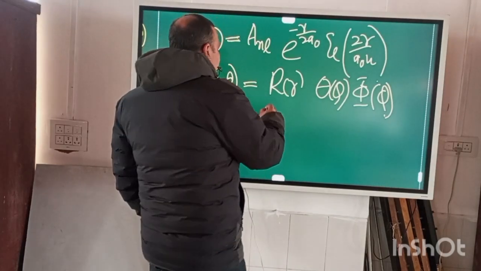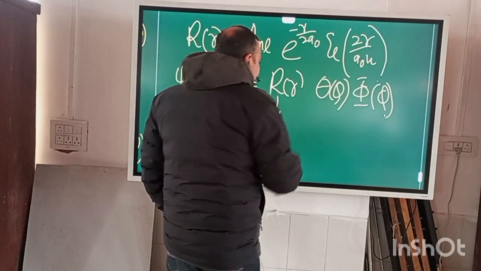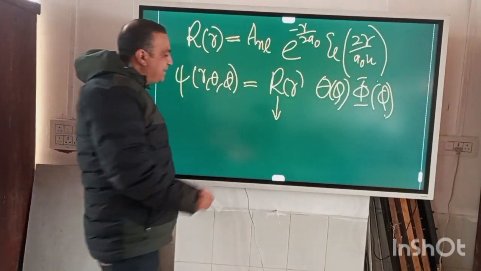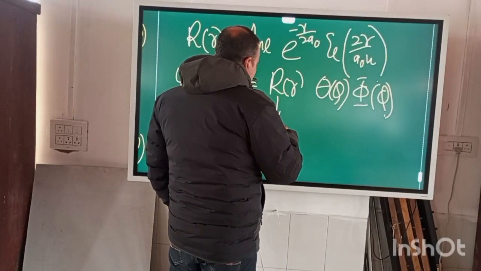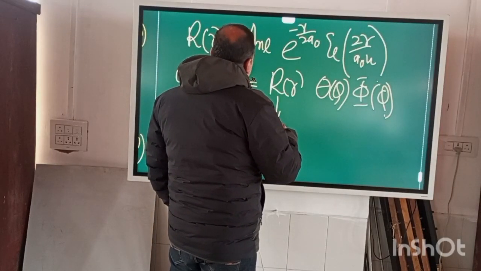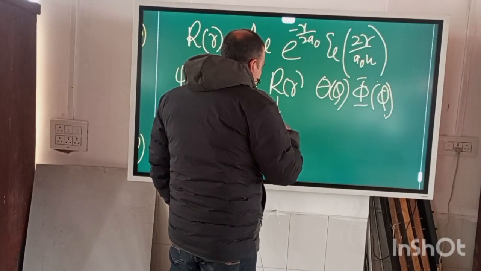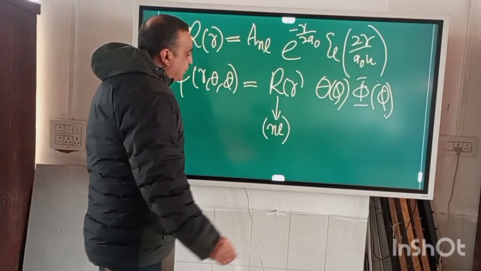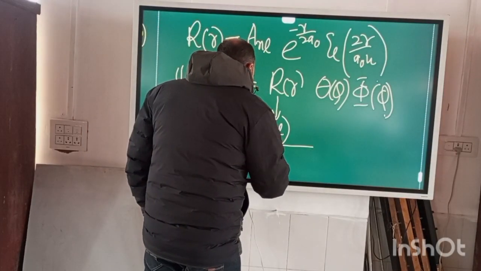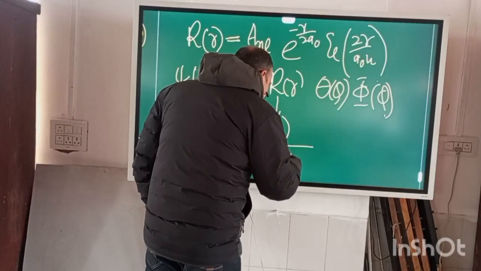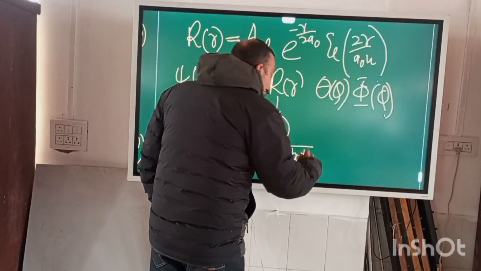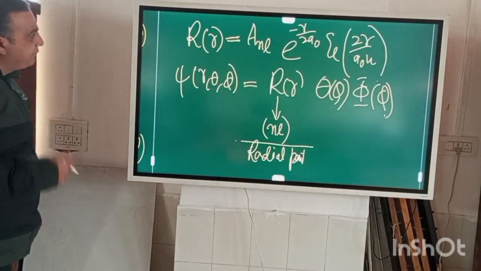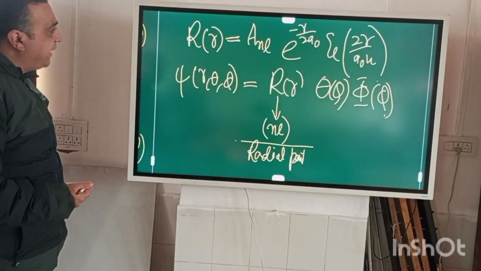Now, this is R of r, and we could see that this R of r has a dependence on n and l. This is the radial part of the wave function, the radial part of the eigenfunction that we have.